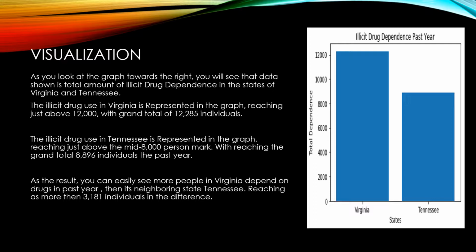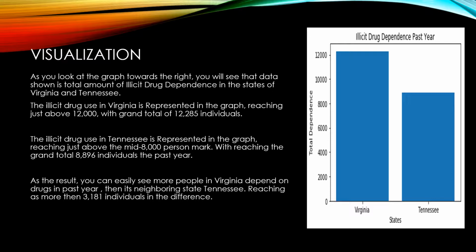The illicit drug use in Virginia is represented in the graph, reaching just above 12,000, with a grand total of 12,285 individuals. The illicit drug use in Tennessee reaches just above the mid-8,000 mark, with a grand total of 8,896 individuals in the past year.